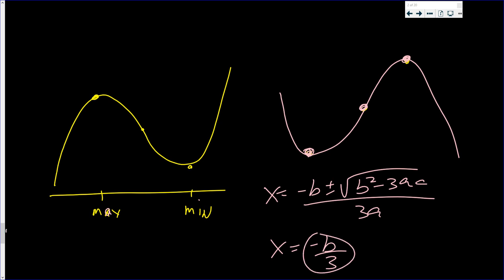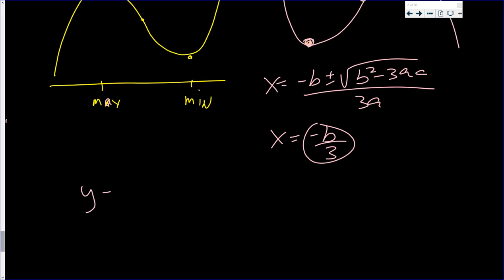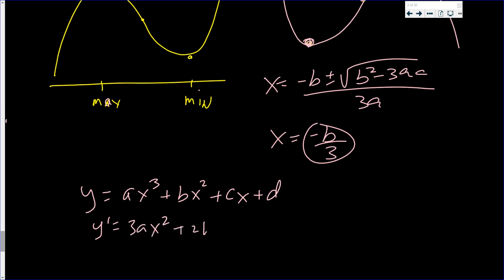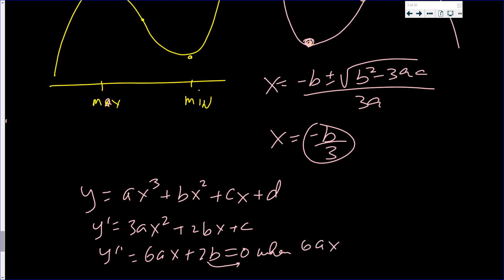Every time you have a cubic, y equals ax cubed plus a number times x squared plus a number times x plus a number, the first derivative is this. The second derivative is 6ax plus 2b, and this equals 0 when 6ax is equal to negative 2b.